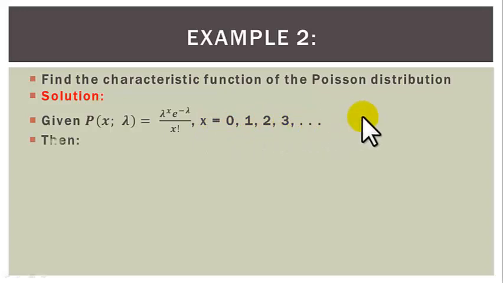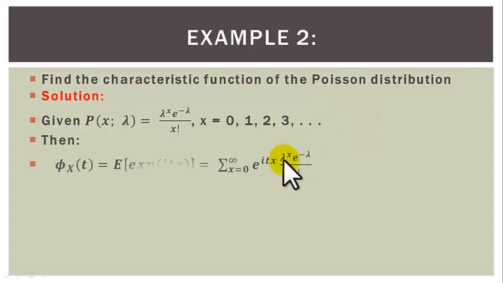Then the characteristic function phi x of t is equal to the expectation of exponent itx, which is equal to the sum of exponent itx times the probability function, lambda to power x exponent minus lambda all over x factorial, where x goes from 0 to infinity.